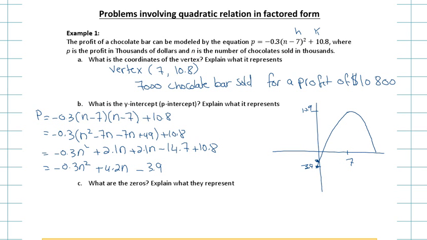If I sell zero chocolate bars, I am going to be paying from my own pocket $3,900, because basically I'm losing $3,900. So the p-intercept, or the y-intercept, is negative 3.9.